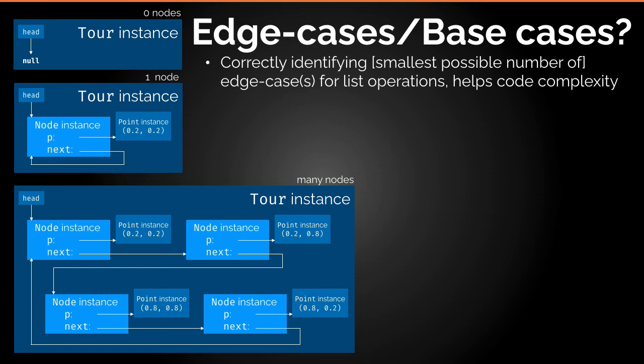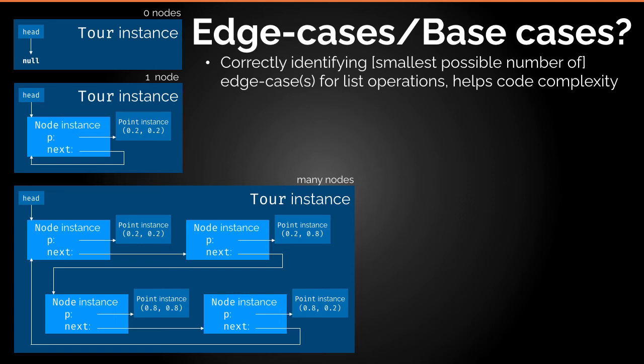But the idea is what you want is the more general case and implement it and then be done. Every exception that you have to take over is another if statement that you have to handle, maintain, debug. So you want to make sure that you're using the smallest number of if statements. What I was saying earlier is that the circular loop allows you to often pretend as though you only have 2 cases, either 0 nodes or many nodes.